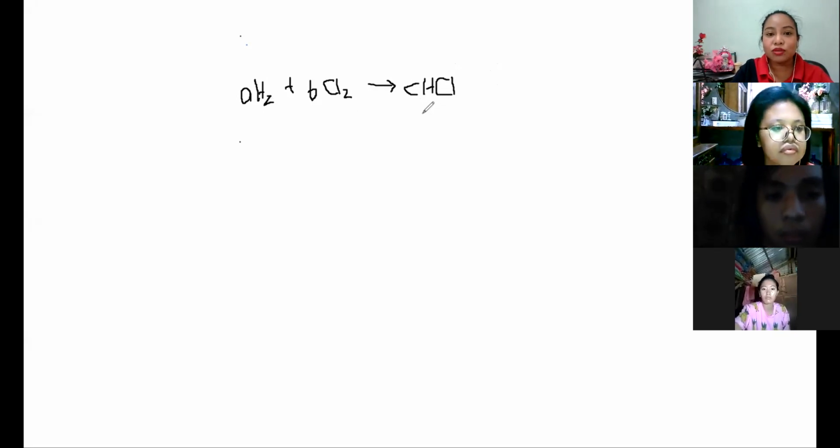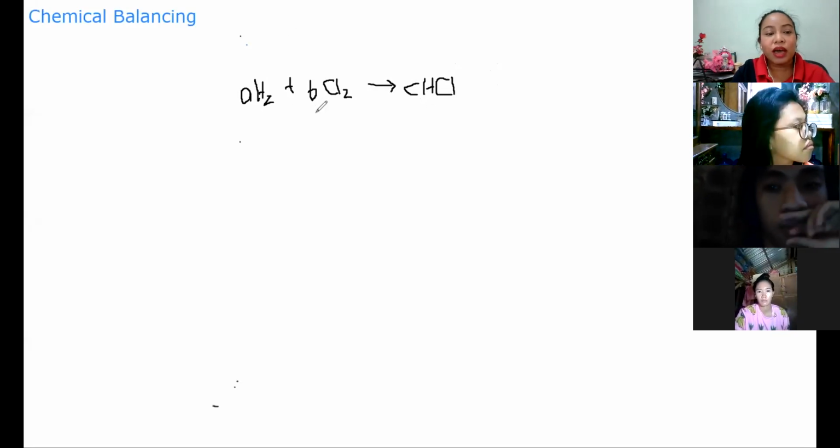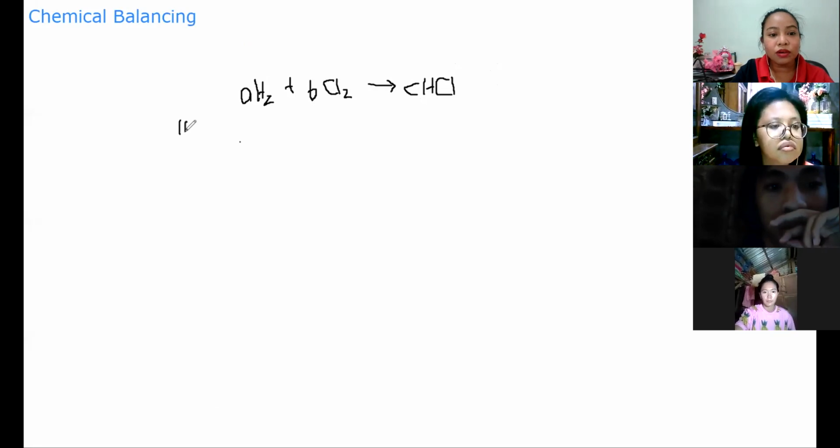Next step is to create an algebraic expression for each element. So let's start with hydrogen. Where can we find hydrogen? How many hydrogens are there in A?